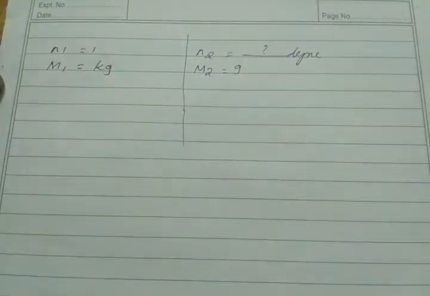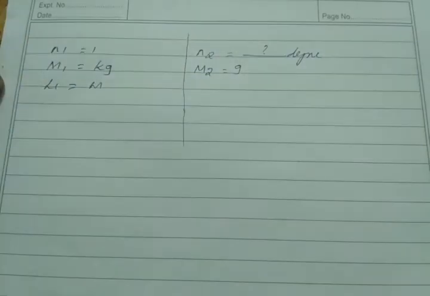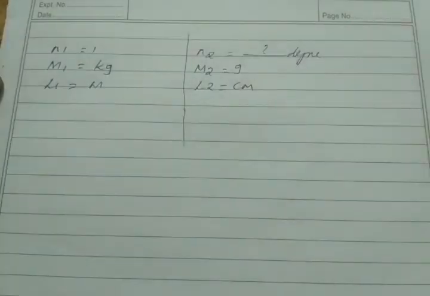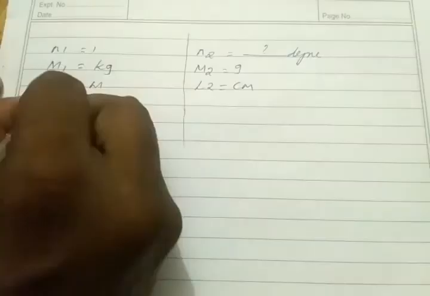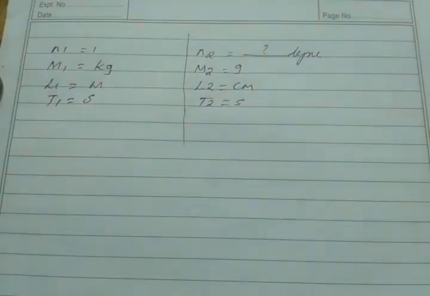Instead of kilogram, in CGS unit we use gram. L1 means length. In SI unit we use meter, but in CGS we use centimeter. Time will be the same in all cases, second.